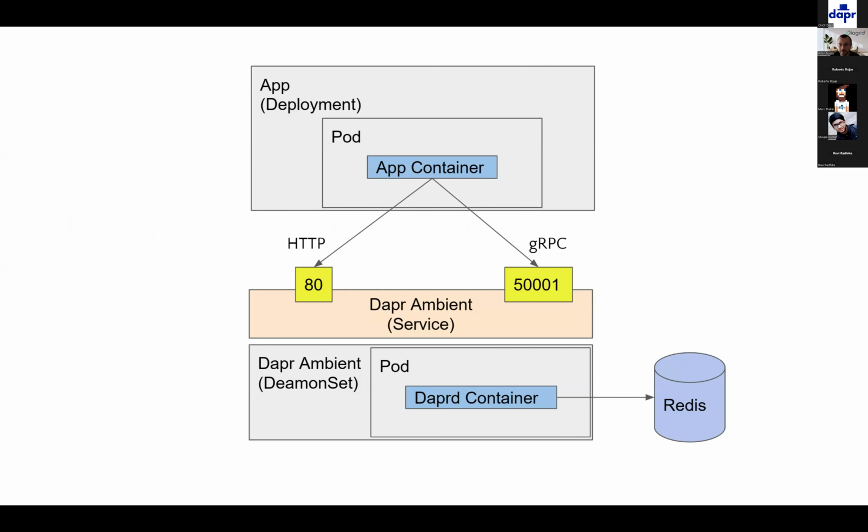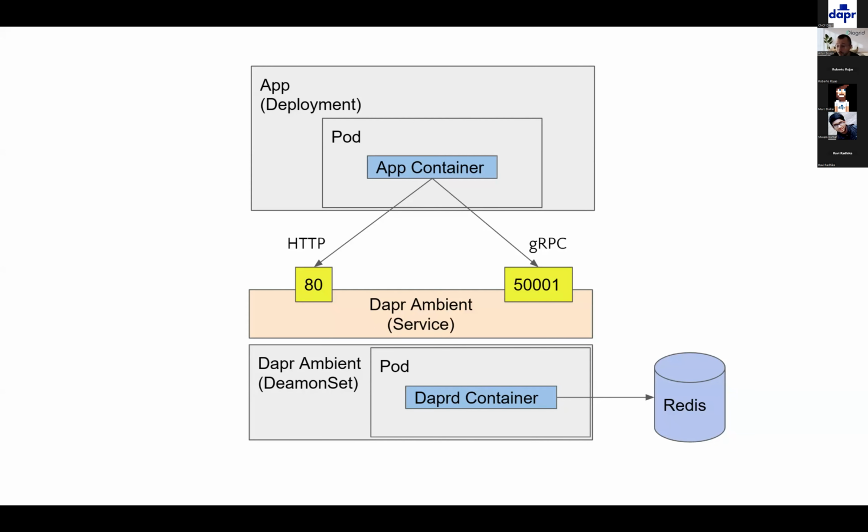So that means that applications will reuse the same Dapr APIs without having to run that side by side. This works for Dapr Ambient, but also works if your company has a remote API for Dapr and you want to connect to that. So it works for both scenarios the same way.